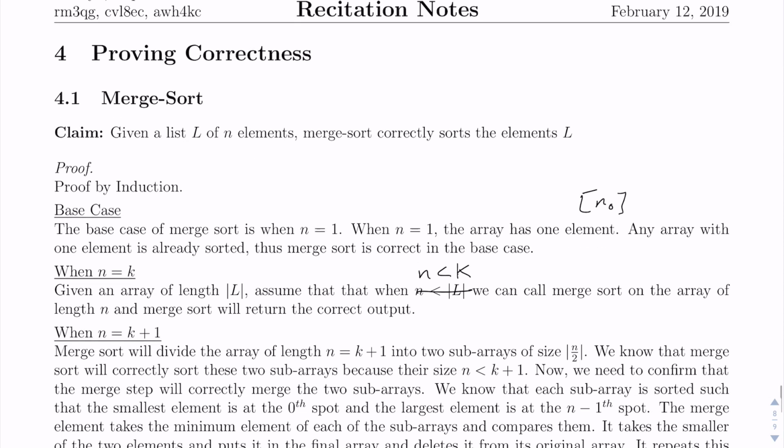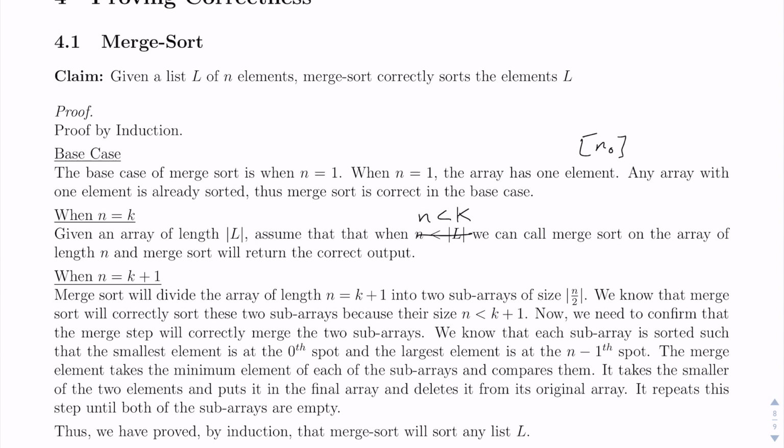And then, when n equals k plus 1, with merge sort, as we went over earlier, it divides the array in two and recursively calls itself on those two subarrays. And I know that those subarrays are of size (k plus 1) over 2, and (k plus 1) over 2 is less than k. And from my assumption, I know that merge sort will correctly sort those two arrays.